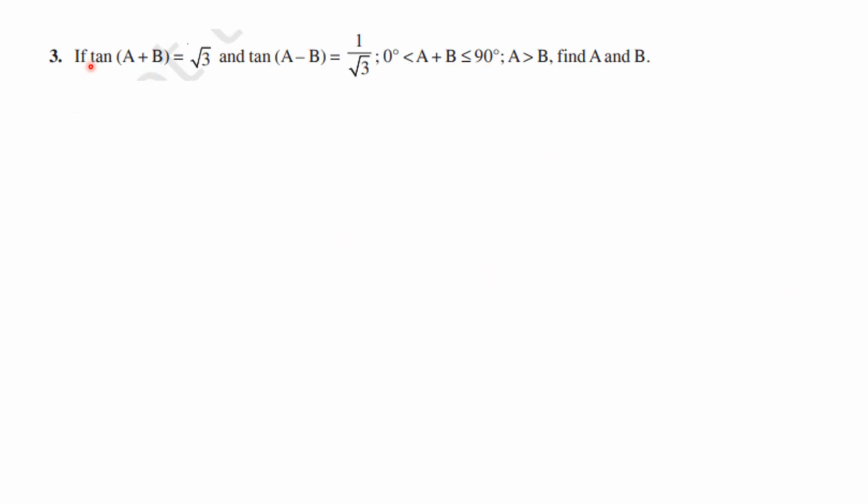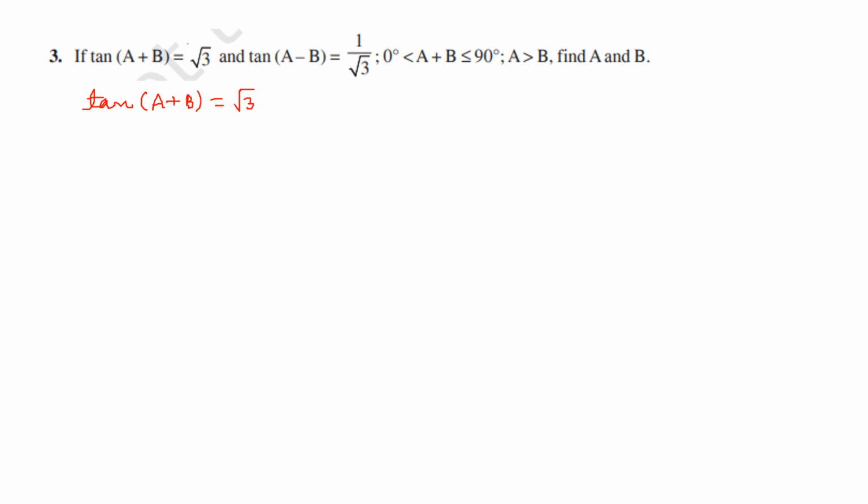Now question 3. If tan of (A plus B) is equal to root 3 and tan (A minus B) is 1 by root 3, where A plus B lies between 0 and 90 degree and A is greater than B, find A and B. So let's take what is given one by one. First it is given tan of (A plus B) is equal to root 3.